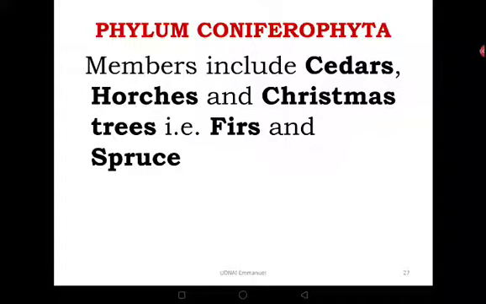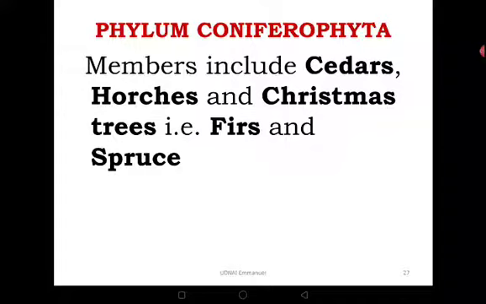So let's proceed with phylum Coniferophyta. Let's pronounce together. Phylum Coniferophyta. These are conifers. Organisms that are called conifers or cone-bearing plants.